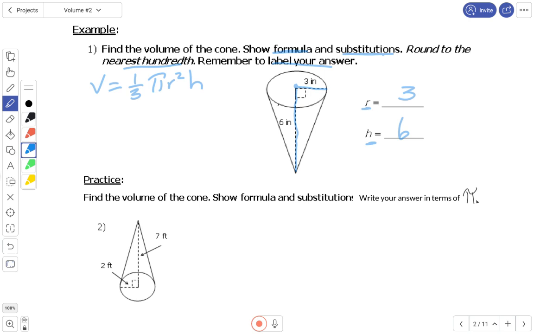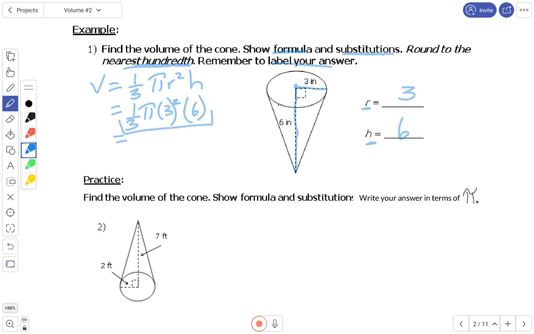So now that I know my radius and my height, I'm going to plug those into the formula. So 1/3 pi 3 squared times 6. All right, so this particular problem says round to the nearest hundredth. So at this point, I'm going to plug all of this into my calculator.